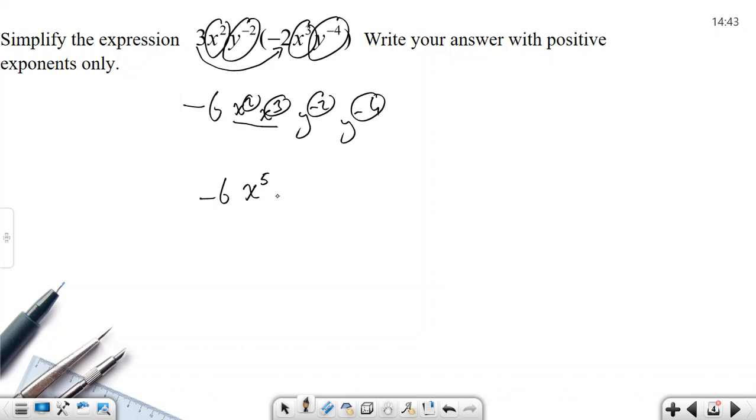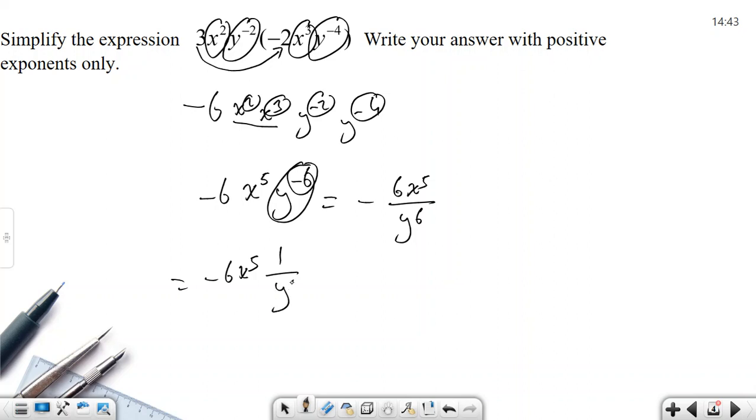Minus 2 plus minus 4, y to the power of minus 6. This is exactly equal to negative 6, x to the power of 5 over y to the power of 6. Why? When we have a negative power, we write the reciprocal. Minus 6, x to the power of 5, and we write 1 over y to the power of 6.